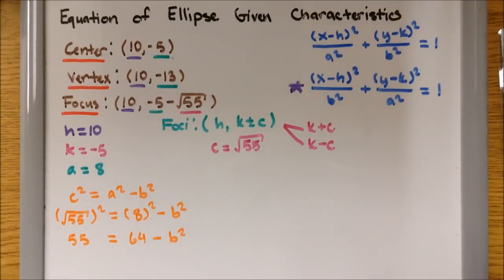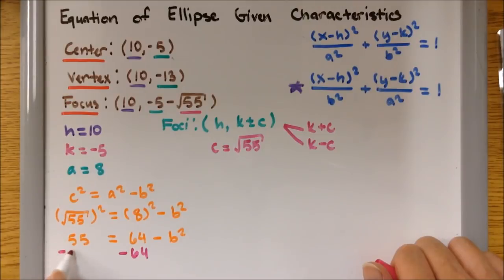So from there, I'm going to cancel out with the 64 to get my minus b squared by itself. So minus 64, minus 64, 55 minus 64, that's going to become -9, equal to -b squared.